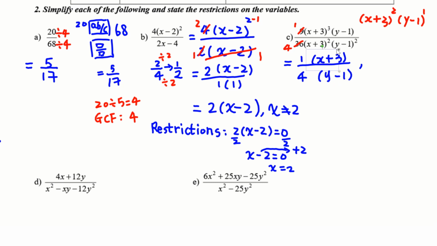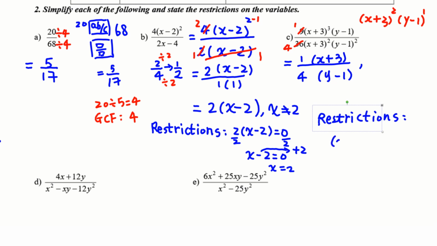Then we need to decide the restrictions. So the restrictions will be that the denominator cannot be 0. And we have the zero product property: if the denominator equals 0, then each factor will be 0.